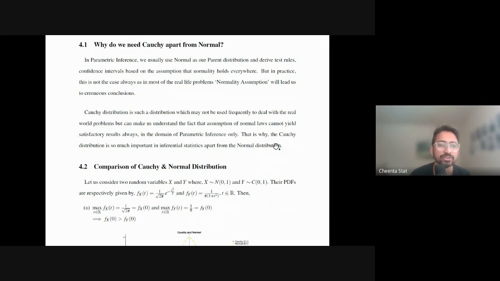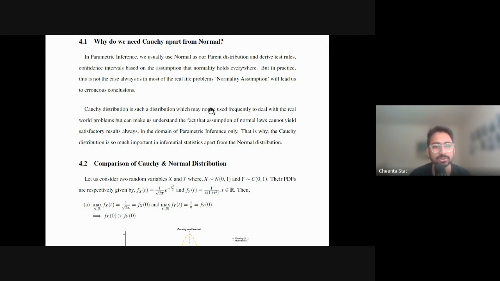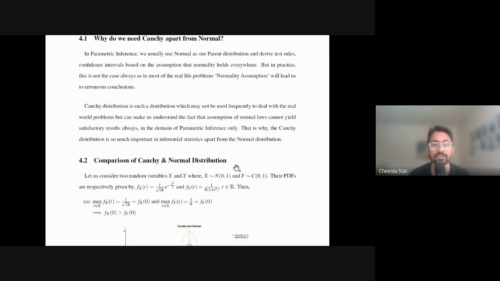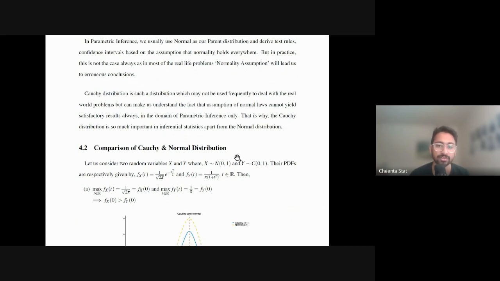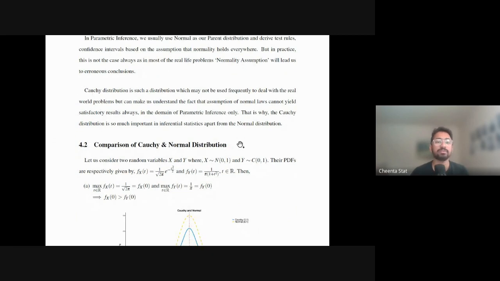In parametric inference, we use normal distributions and derive test rules and confidence intervals. And Cauchy distribution may not be used frequently to deal with real world problems, but it can make us understand that normal assumptions cannot always yield satisfactory results in the domain of parametric inference. That is why Cauchy distribution is so important in inferential statistics.